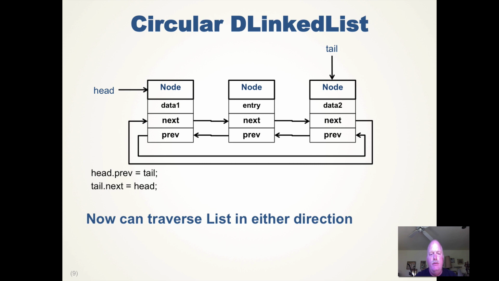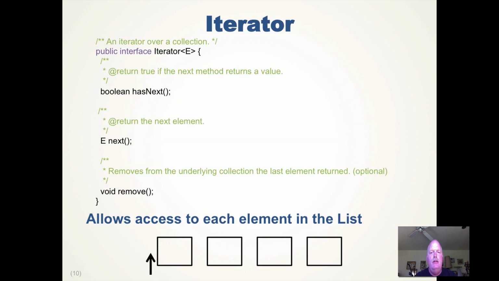So the idea of traversing or looping through a list is encapsulated in the iterator interface. Iterators allow us to iterate over a collection. All Java collections support the iterator interface. The idea is that you can iterate over all the elements in the collection. There are 3 methods in the iterator interface. hasNext returns true if there is a next item in the collection that we have not visited.